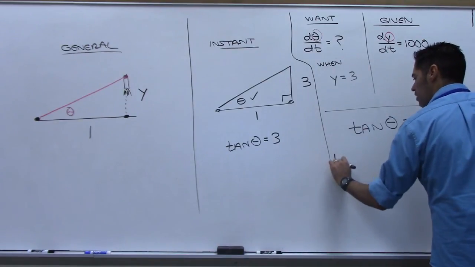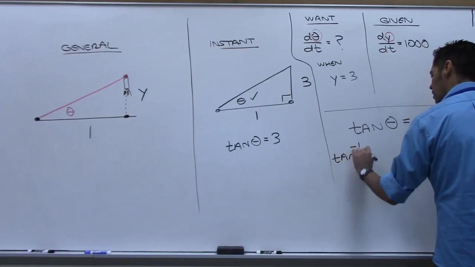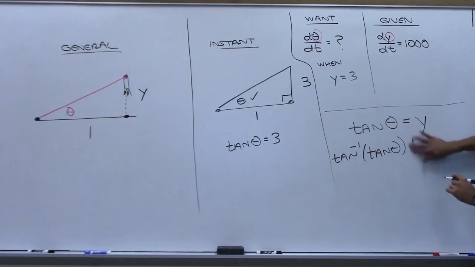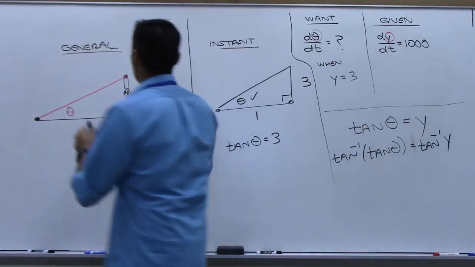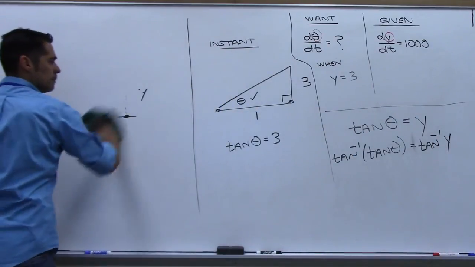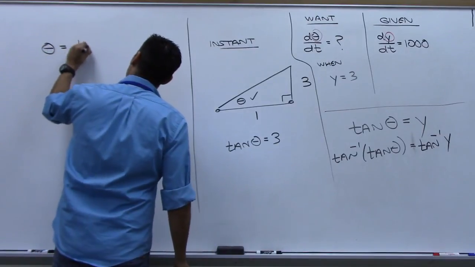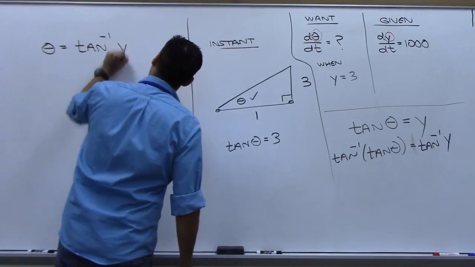So I'm just going to take arctangent of tangent of theta equals arctangent of y. You okay with that? So that just leaves me theta is arctangent y.